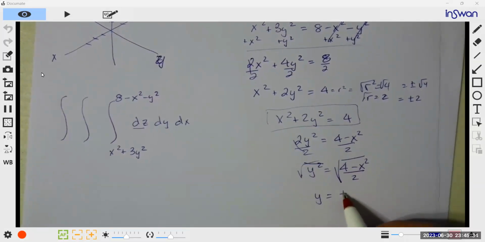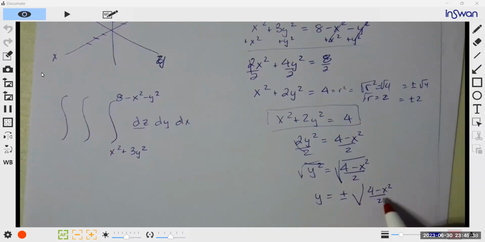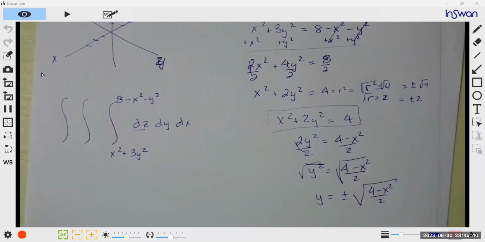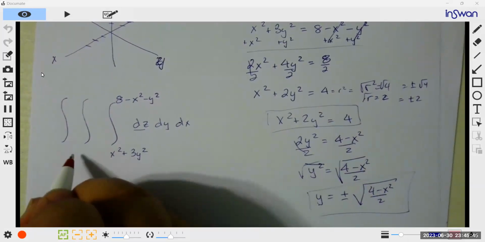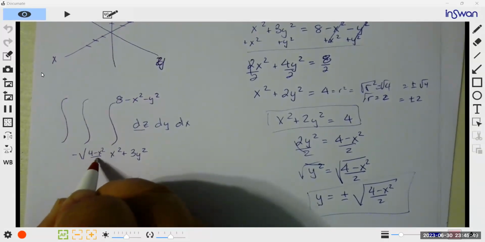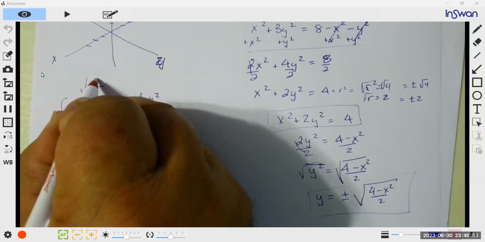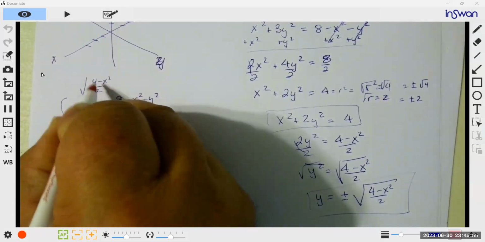So y equals plus or minus the square root of 4 minus x squared over 2. So these are my bounds for the y-axis: negative square root of 4 minus x squared over 2, and positive square root of 4 minus x squared over 2.